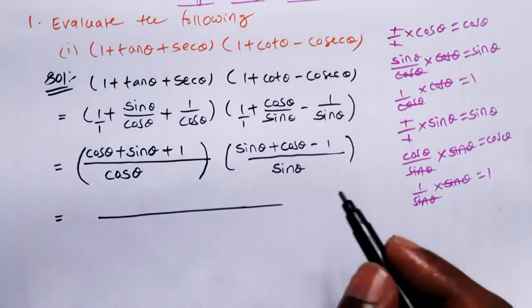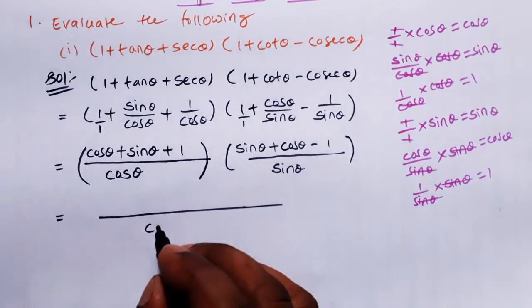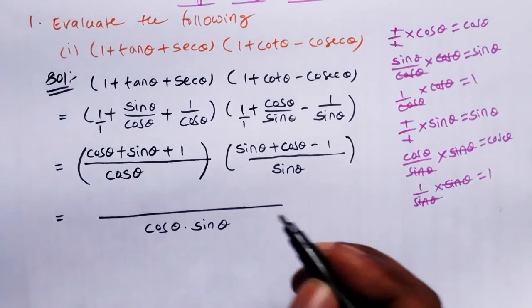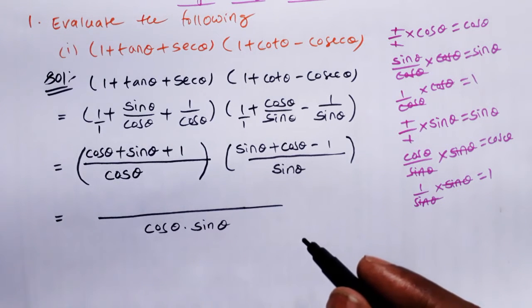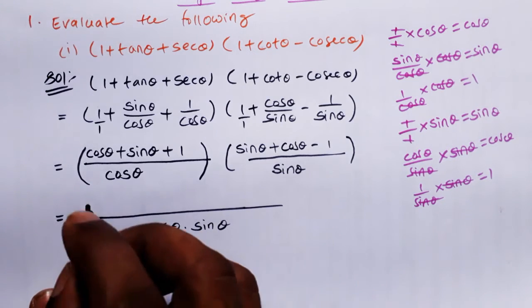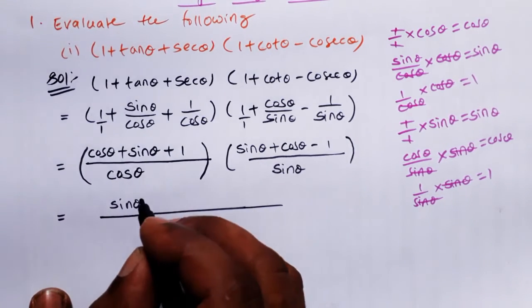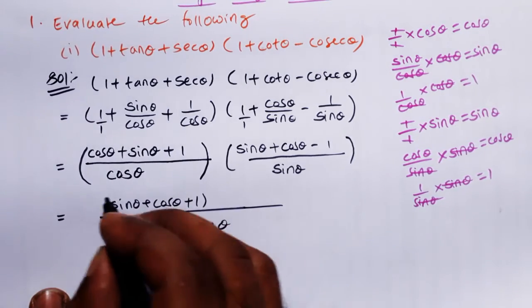Denominators you multiply. What is the answer? Cos theta into sin theta into sin theta. Multiply numerators. So if I multiply numerators, we will get sin theta plus cos theta plus 1.